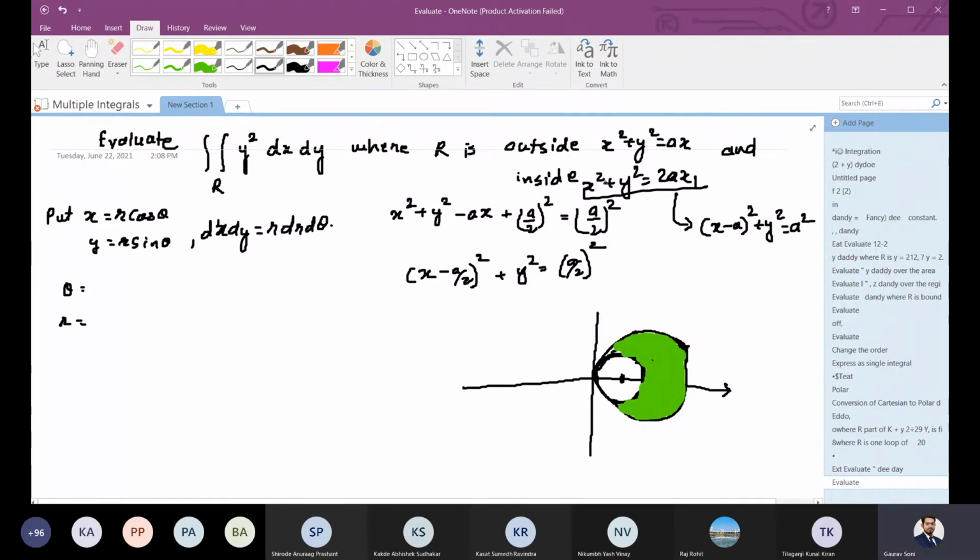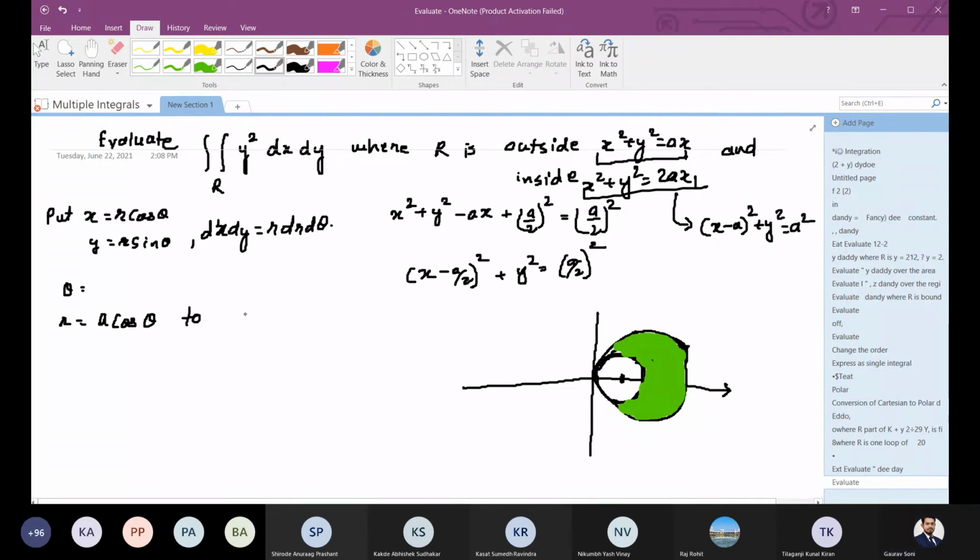I told you the idea to give the limits for r. You put x equal to r cos theta and y equal to r sin theta in the equation, and once you put the values of x and y, you get the value of r. Putting these in the first equation, r is equal to a cos theta.